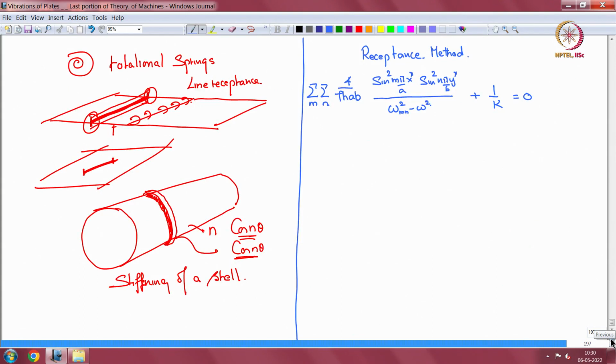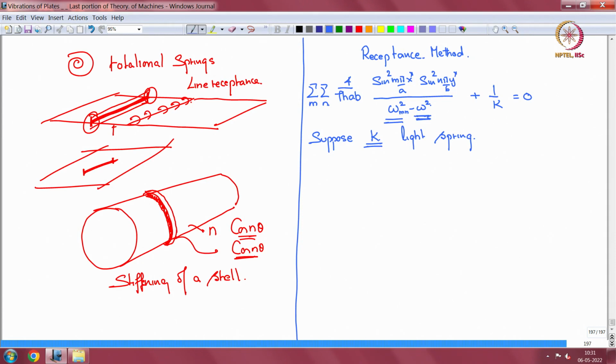Now, we have seen the details of this in one of the earlier classes. What I just want to mention is, suppose k is a small quantity, a light spring. Then chances are that each of these new resonances are slight perturbations over this.